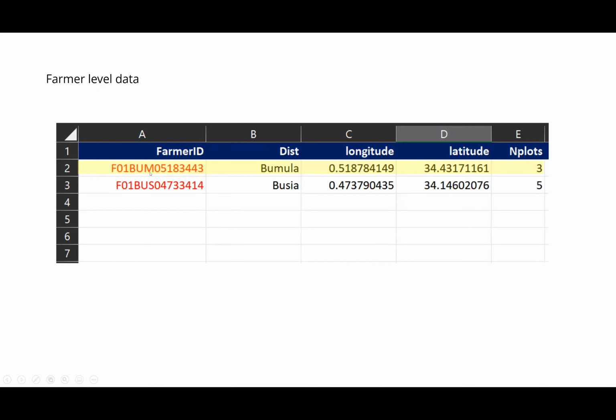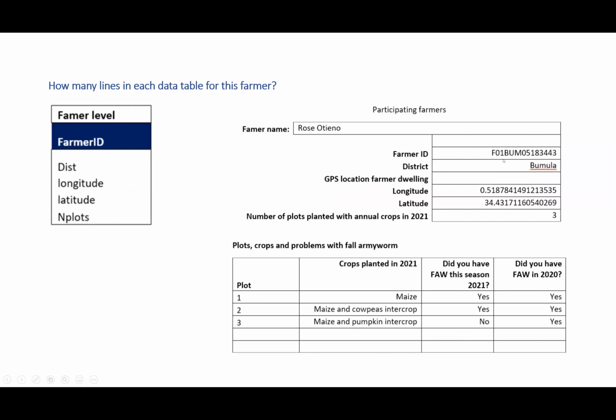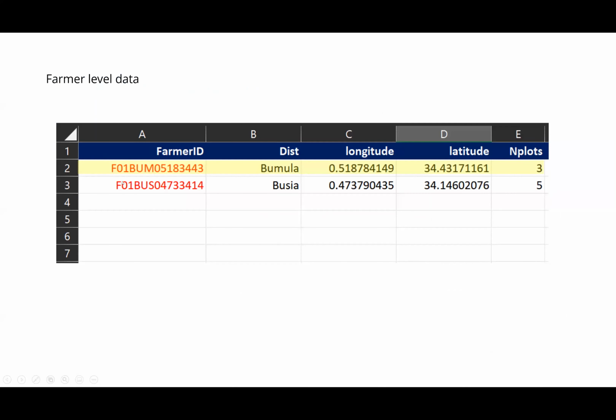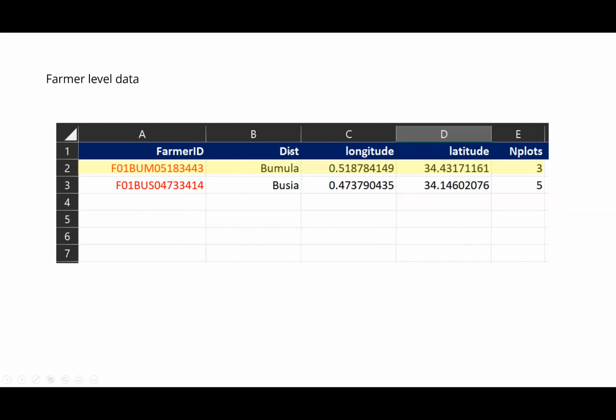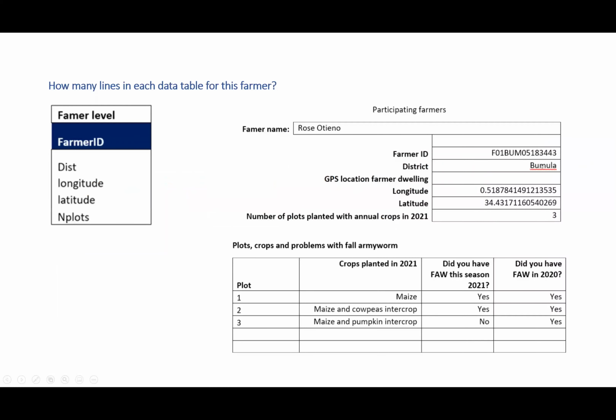For rows, they have 1 row. They have her farmer ID, that was A41 BUM, finishing 3443. That number here comes from this entry here. And then the district, Bamula, that entry comes from there.